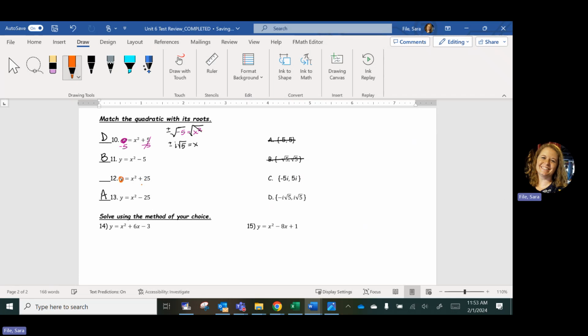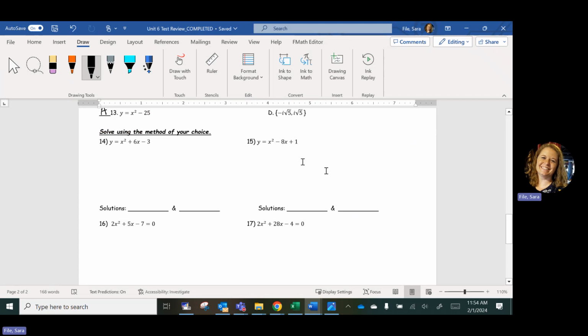If we replace y with 0, and then we move the 25 over, we've got negative 25 equal to x squared, and we take the square root of both sides. 25 is a perfect square, so you get the i because of the negative, and the square root of 25 is 5, so you get 5i, which is C. And you could have done 11 and 13 by hand the same way as well. You just wouldn't have ended up with a negative under your radical, so you would have gotten these values.